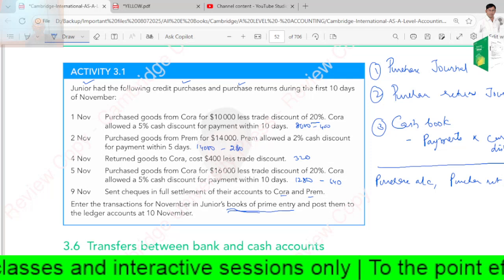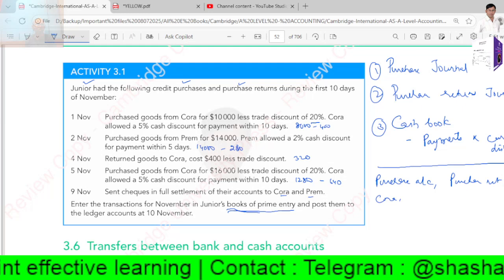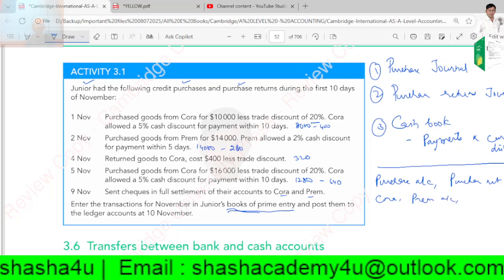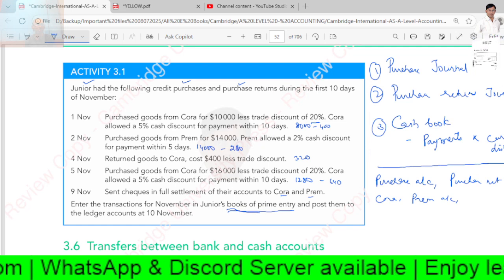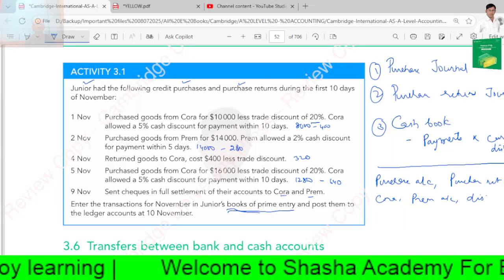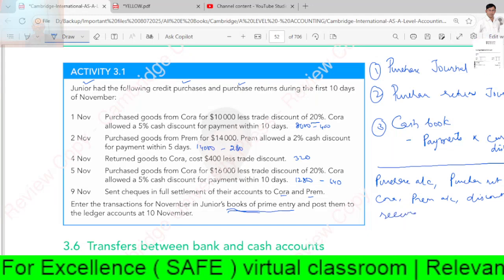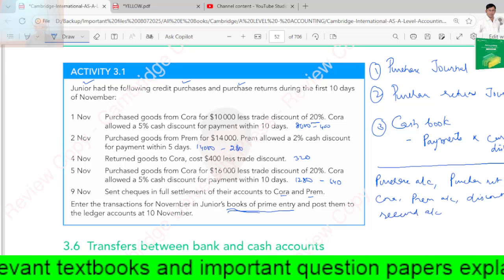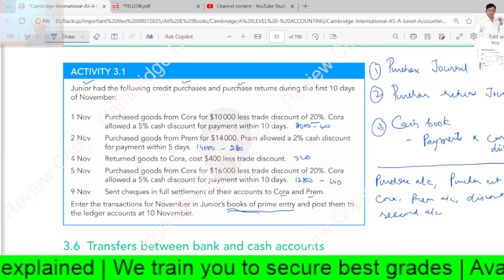So then Cora account, Prem account, discount received account. So these are the ledger accounts we need to prepare: 1, 2, 3, 4, 5, 6. So we have to prepare 6 ledger accounts.